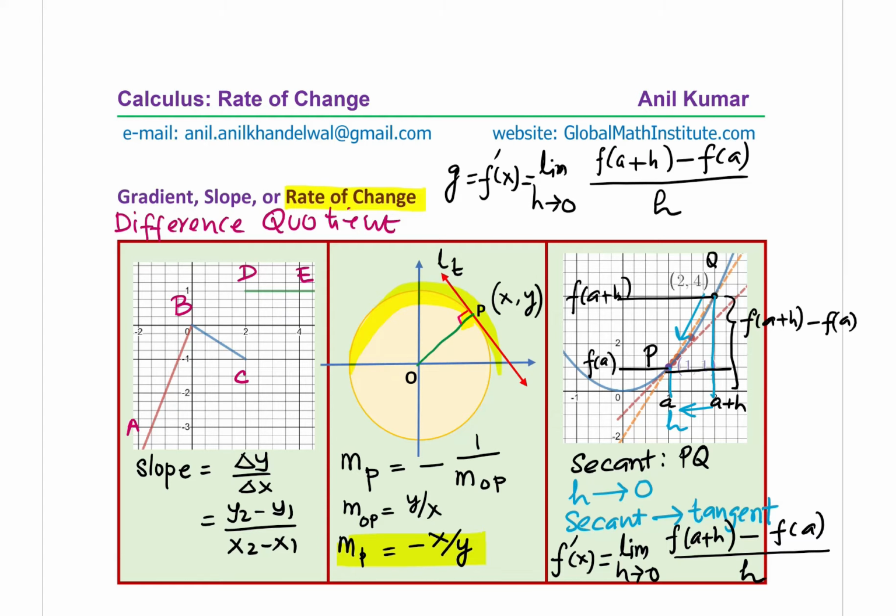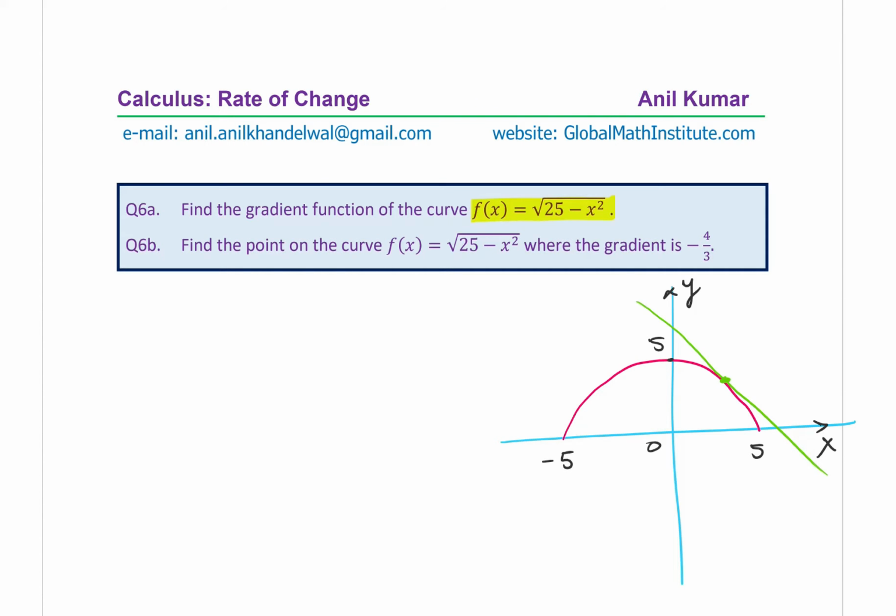So that is what the question is, and the situation is very similar to what we are looking at here on this page. I hope you get the concept, right? But the question is framed in a way that you have to use the difference quotient formula, right? So it says find the gradient function.